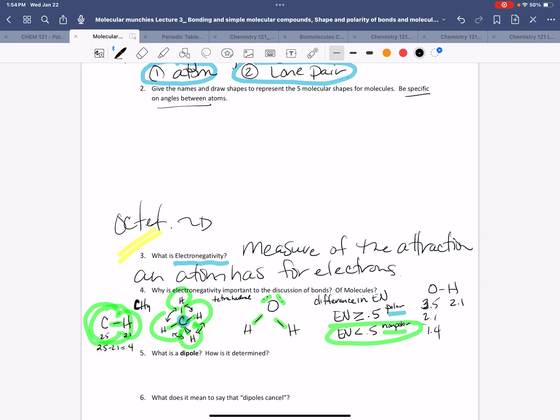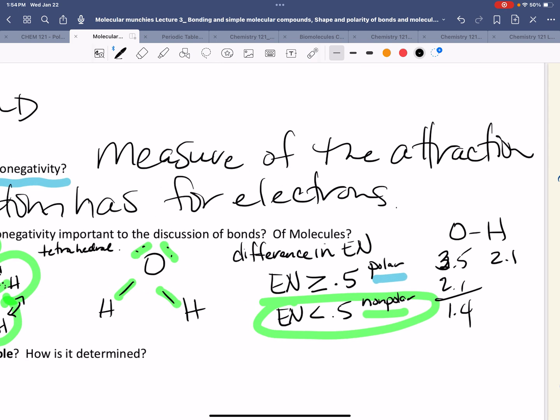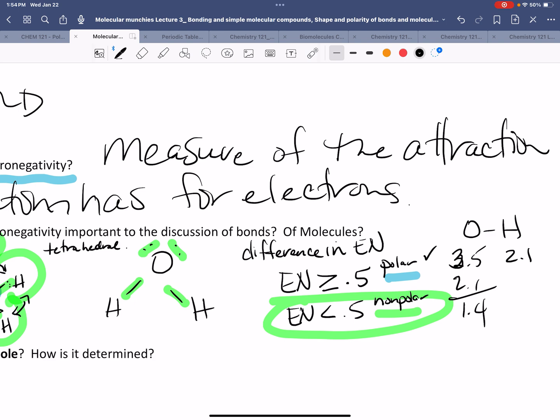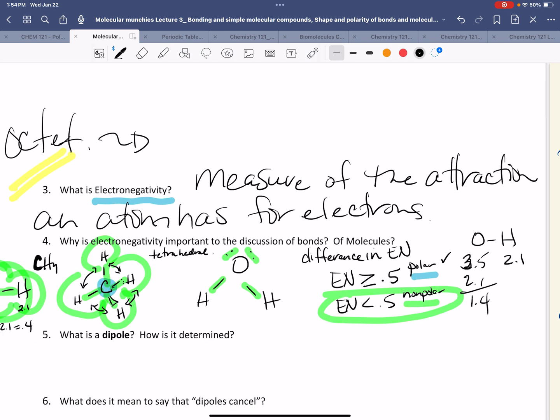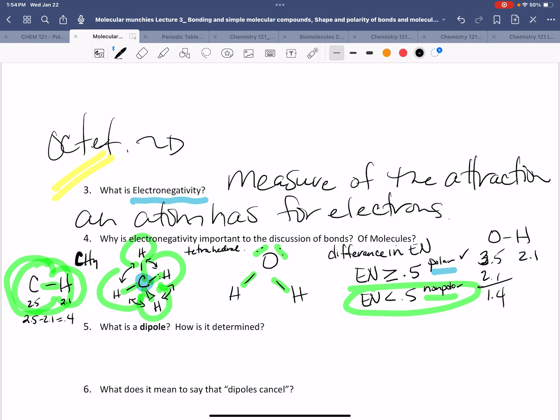And when we look at that difference, that fits in the category of being a polar bond. So what that means is oxygen is wanting the electrons more than hydrogen. And so in that bond, the electrons are going to swarm around the oxygen and not as much the hydrogen, because the oxygen is pulling those electrons towards it.